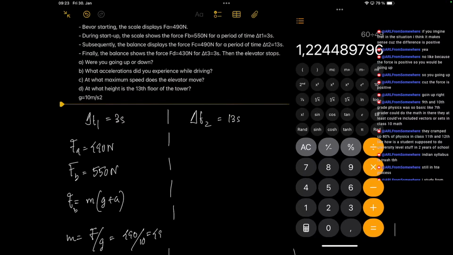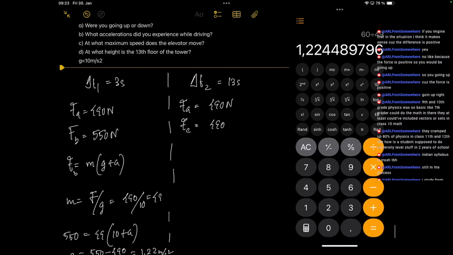Now F of A equals 490. F of C equals 490. Okay, that was okay.